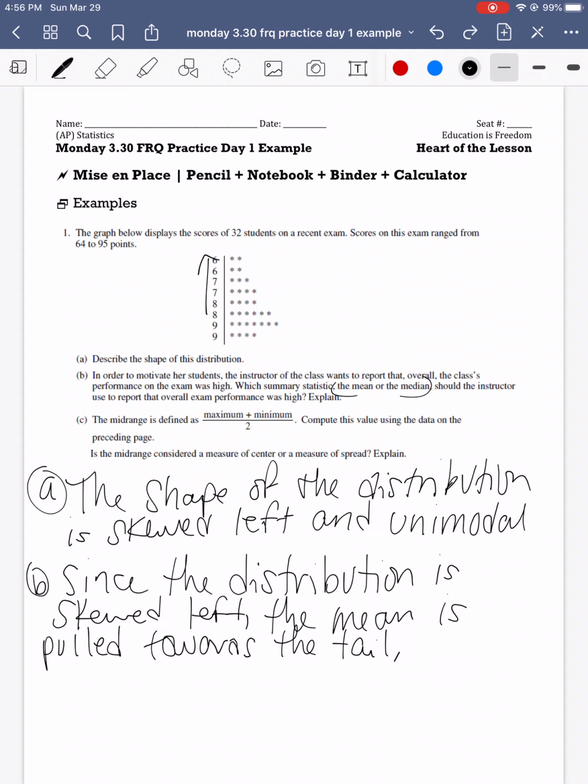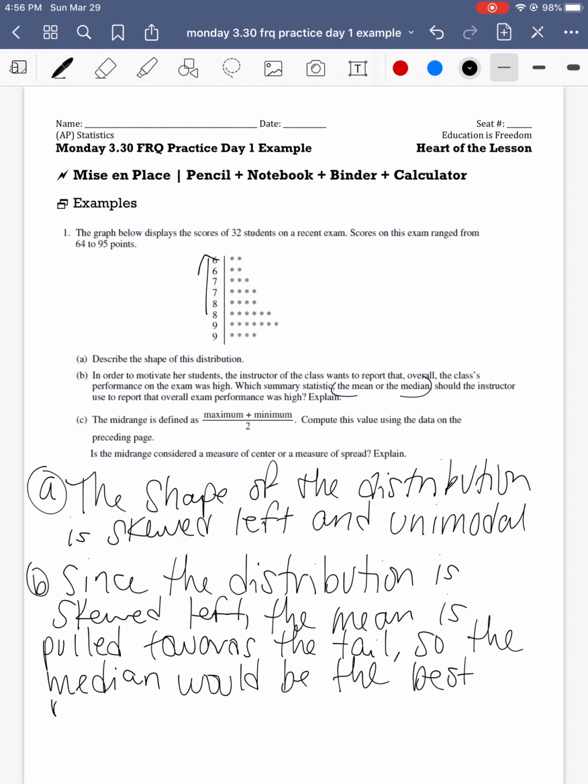So the median would be the best report to use.